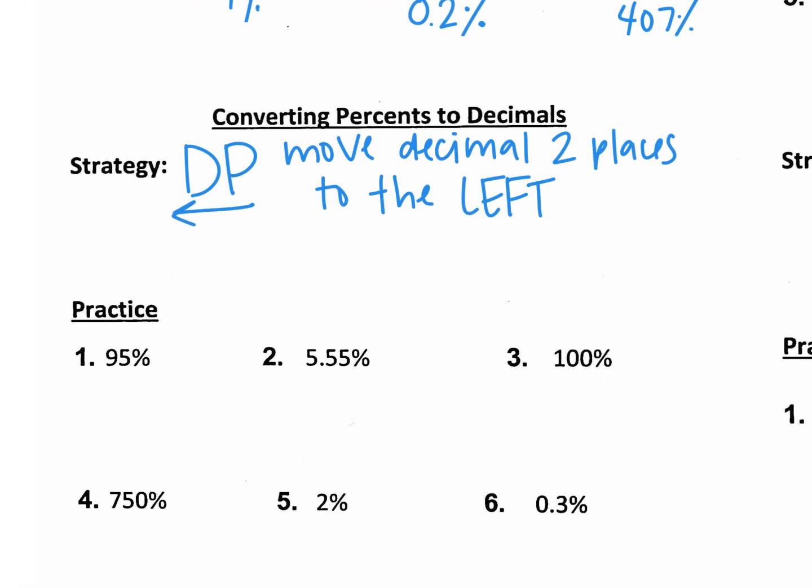So if I have 95%, where do you think I start the decimal since I don't have one in that number? Blakely said it earlier. At the back. So go back 1, 2 places. So it is 95 hundredths.